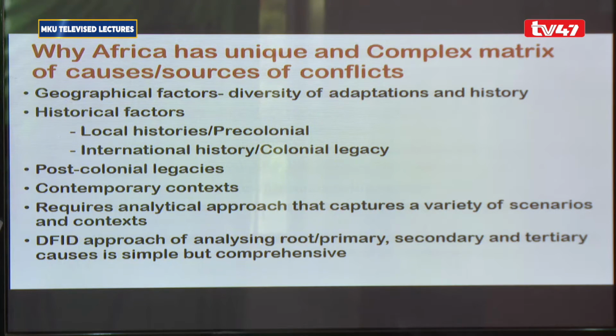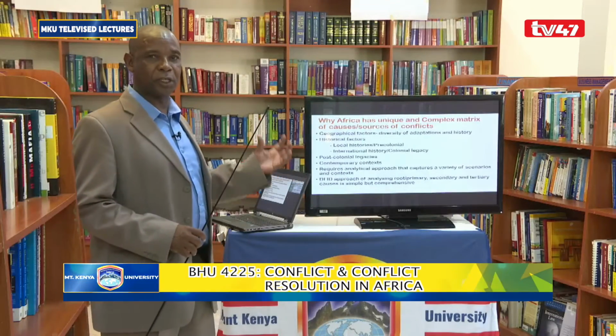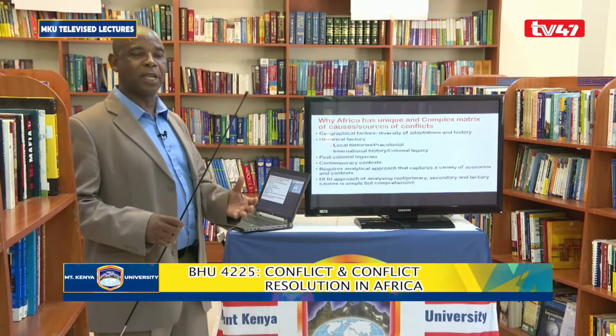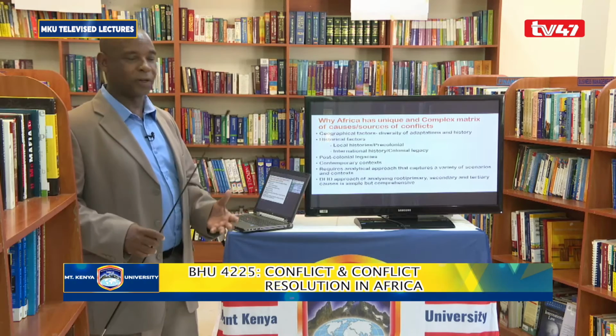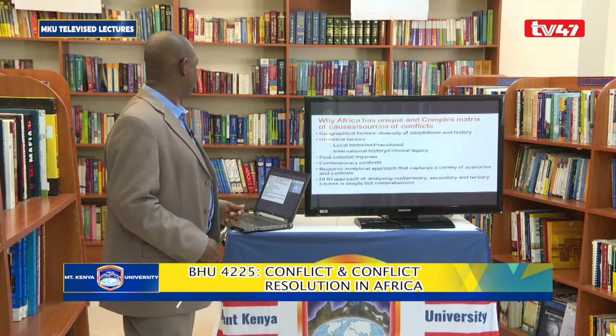Africa is unique in the sense that, to begin with, Africa has a mix of geographical identity and historical factors that makes the continent very diverse. This means that the causes of conflicts have these factors of geography and history that explain how those conflicts are expressed today.